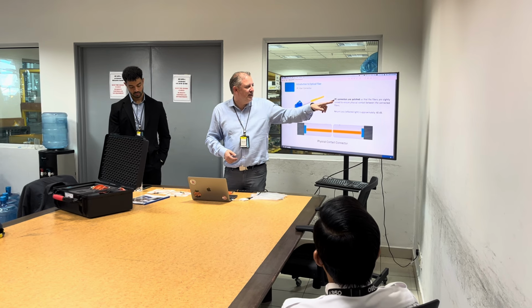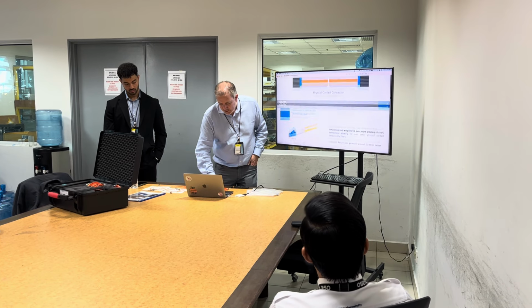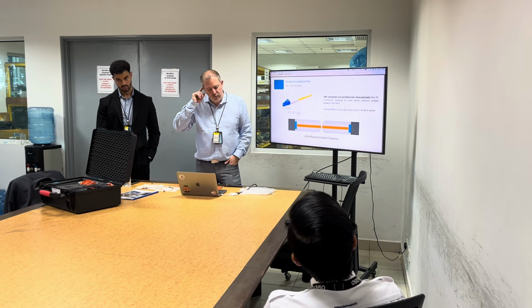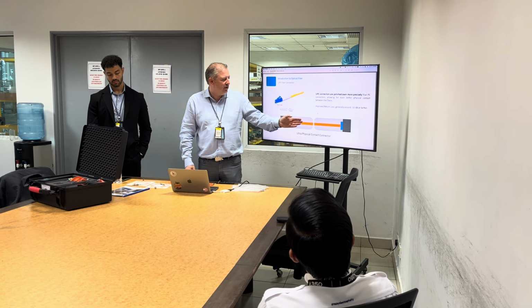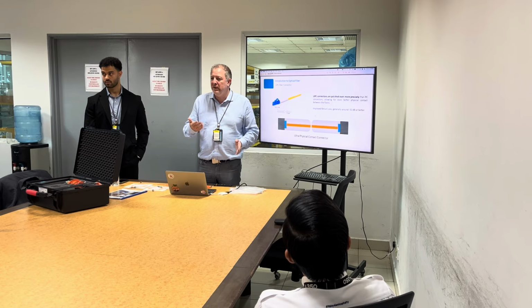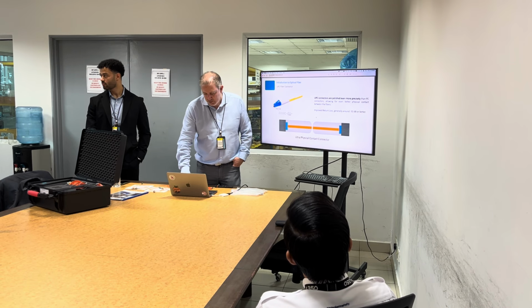So the PC connectors are polished like this, and then you have UPC, for ultra physical contact connector. The quality of the surface is even better, so you avoid any reflection.